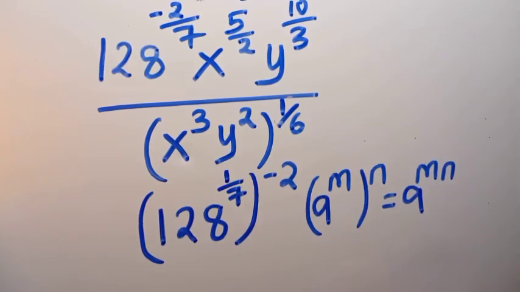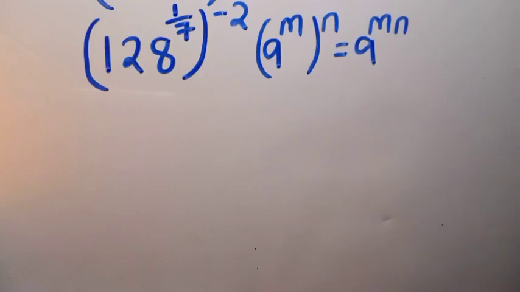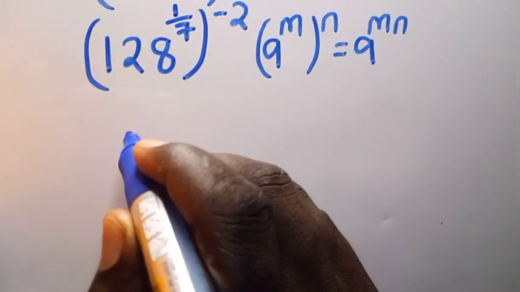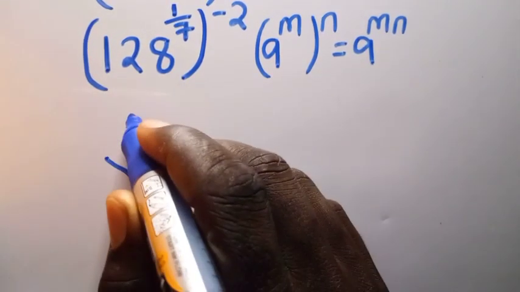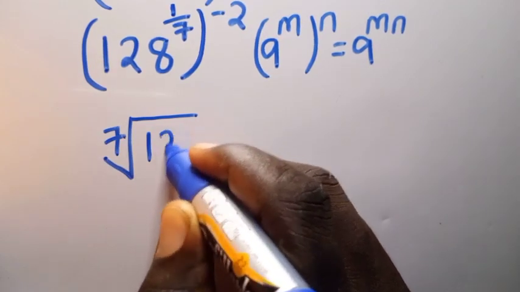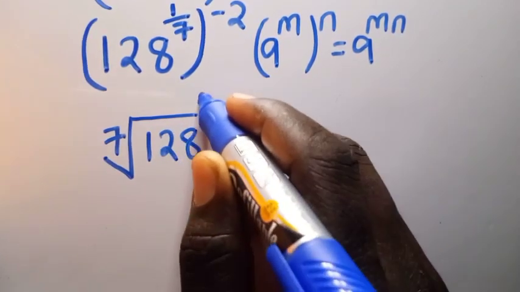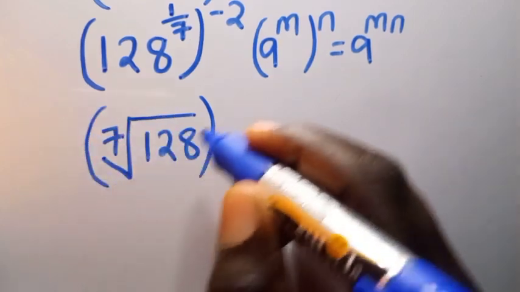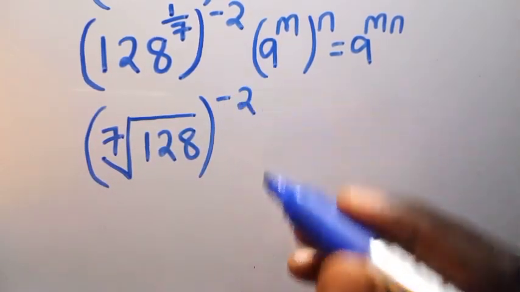Now, having arrived at this, 128 raised to 1 over 7 is the same as the 7th root of 128. So I can write it this way: the 7th root of 128, then raised to negative 2.